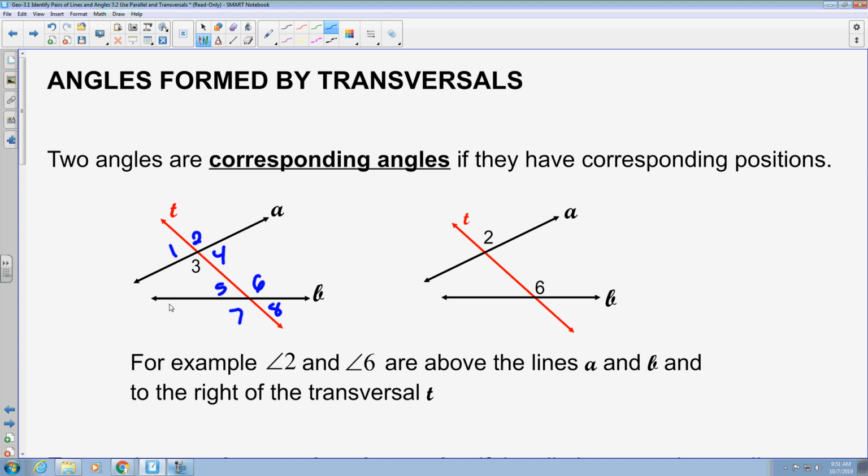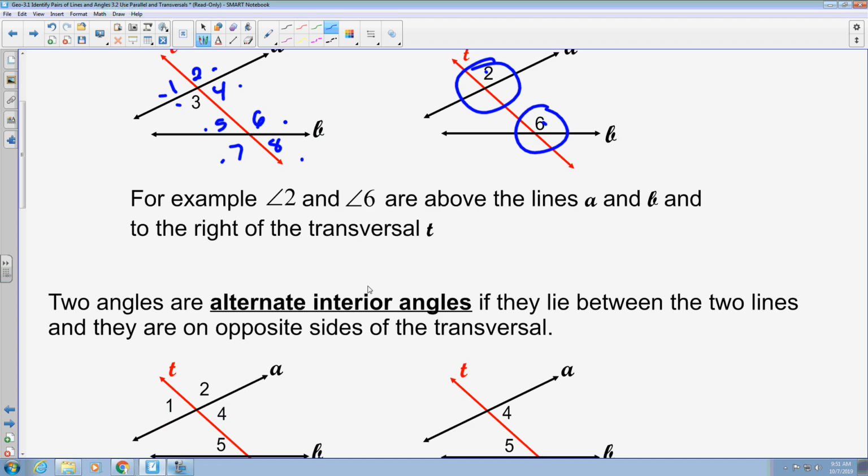If you look at angle 2, that angle is in the top right, and so is angle 6. That's why they're corresponding angles. There are other ones like 1 and 5, 3 and 7, 2 and 6, and 4 and 8.